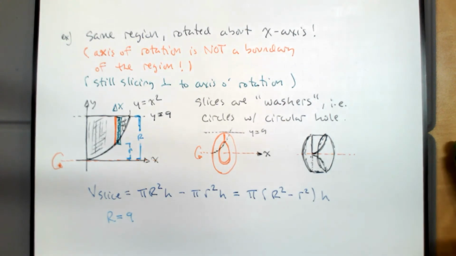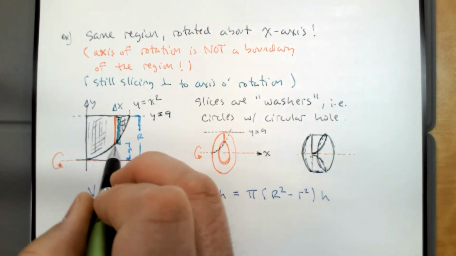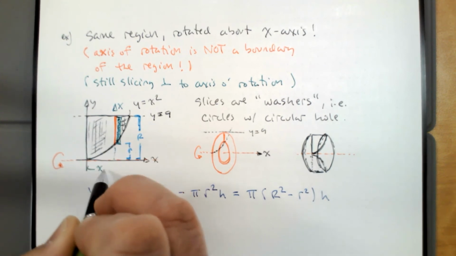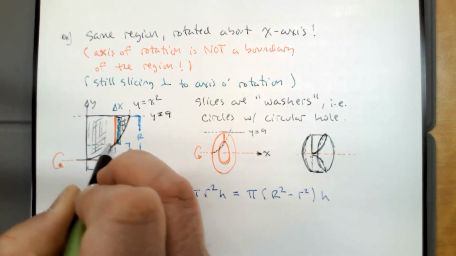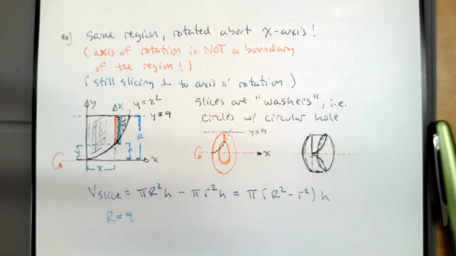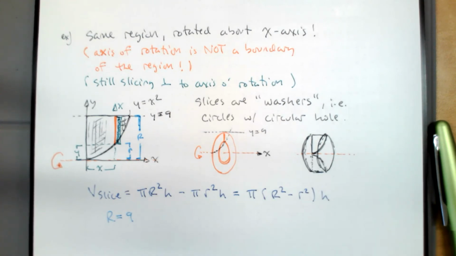Little r is going to depend on x and y. So I need to locate a point, identify where x is and where y is, and make sure I label x and y. I didn't have to worry about that with big R because big R in this case was always 9.